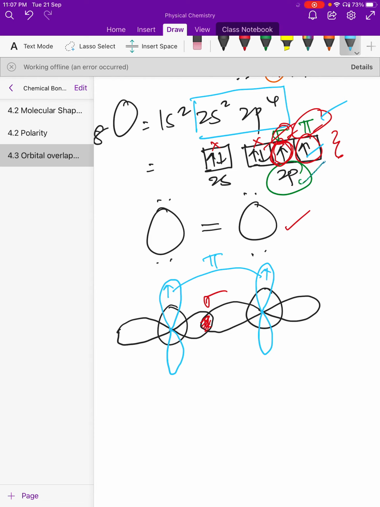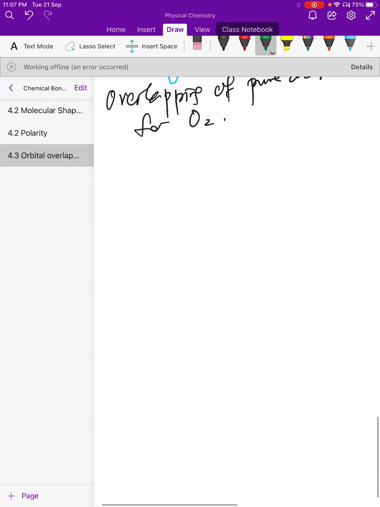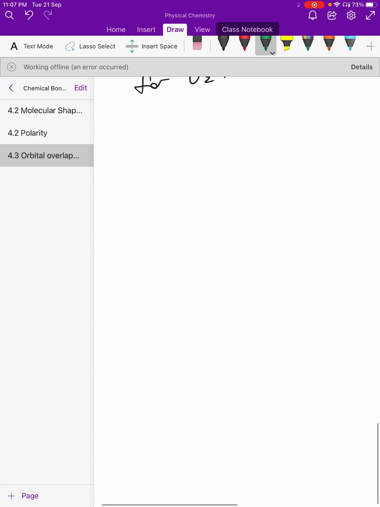So this is the overlapping of pure orbitals for oxygen gas. If a question asks you to show the overlapping of pure orbitals in oxygen gas, then this will be the answer.